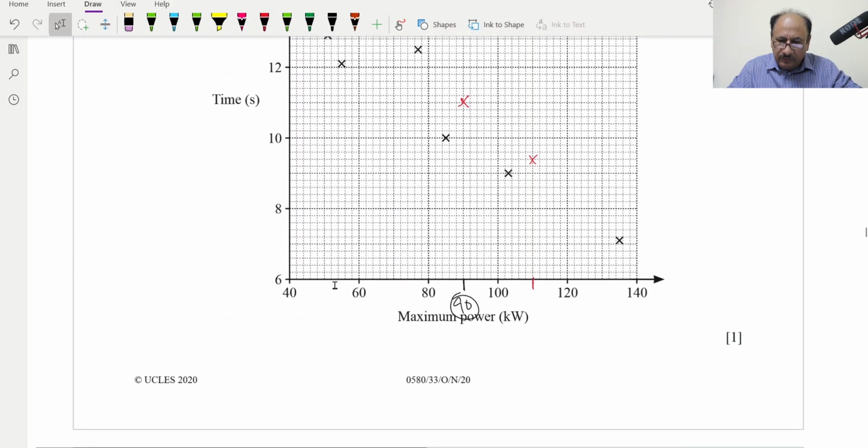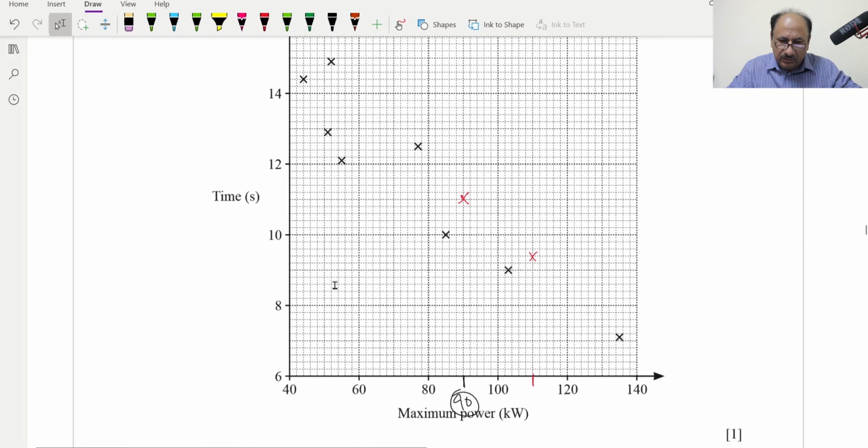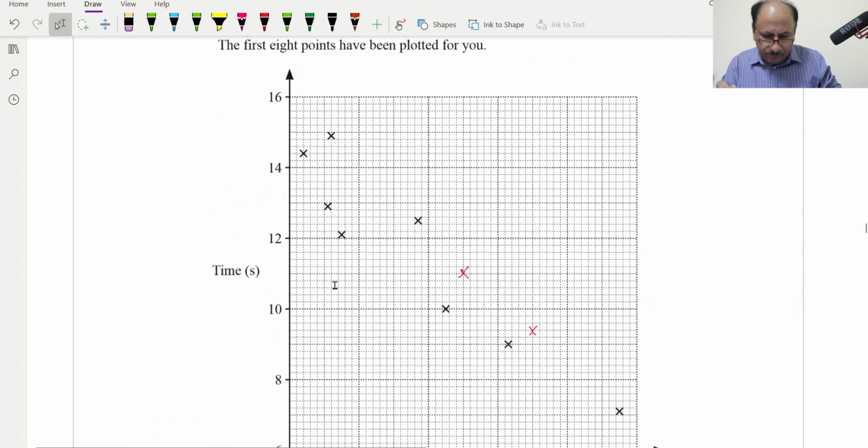So we can draw the line of best fit roughly over here. Yes, this one, we can draw the line of best fit.